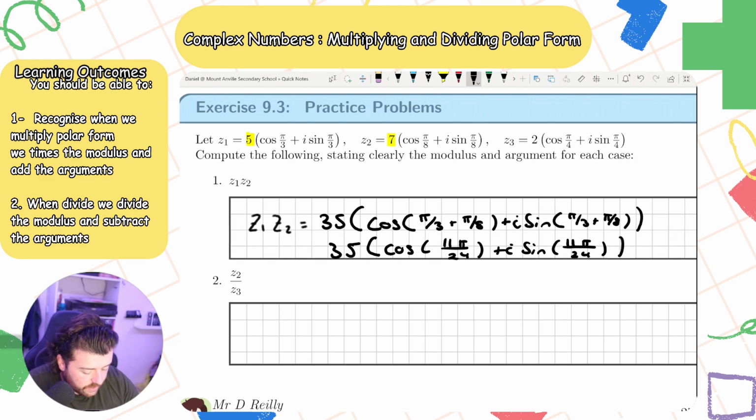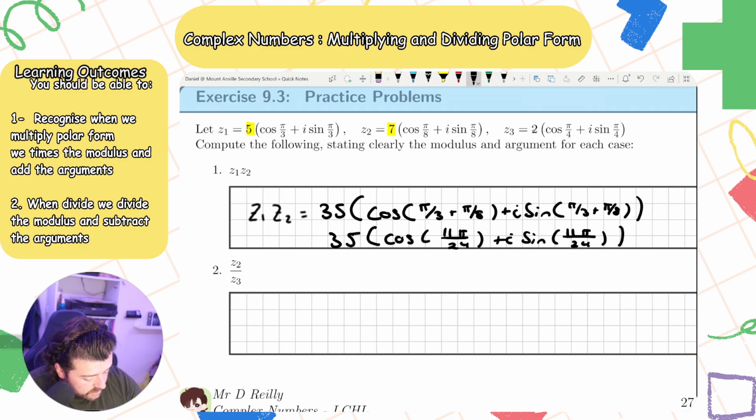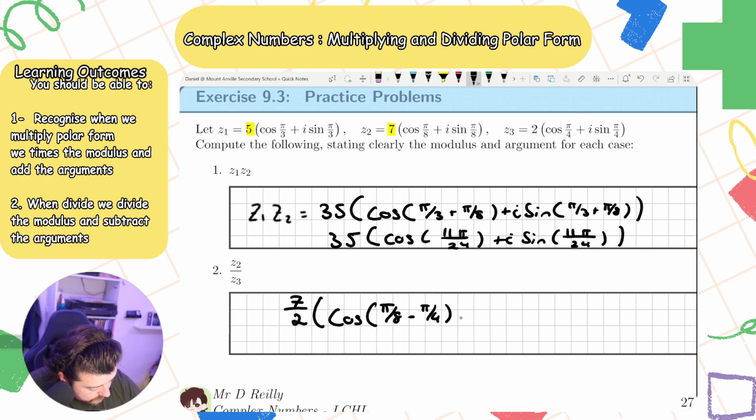This one here is Z2 divided by Z3. So we divide the modulus now. So that's going to be 7 divided by 2 times, and then we subtract the arguments: cosine of pi over 8 minus pi over 4, plus i sine of pi over 8 minus pi over 4.